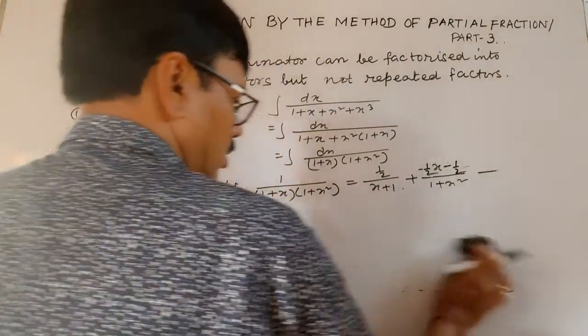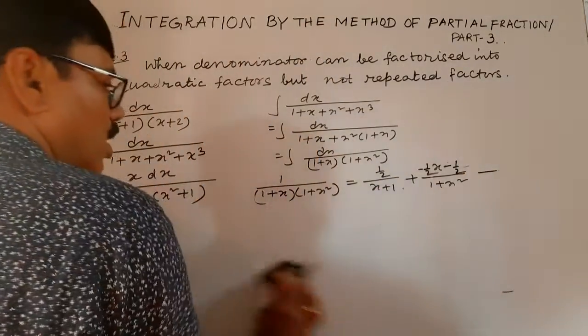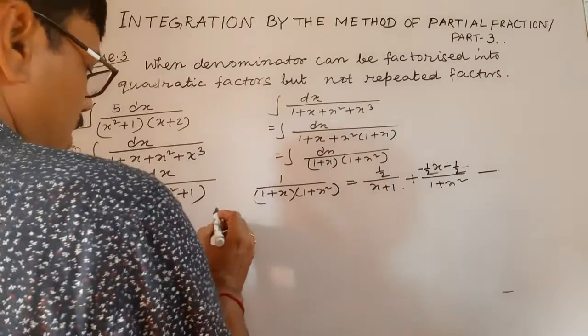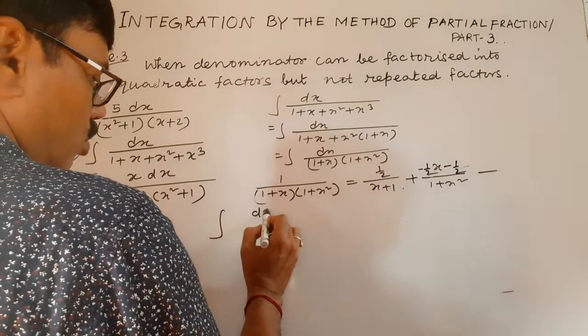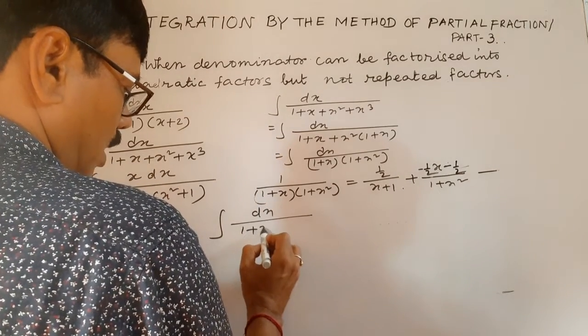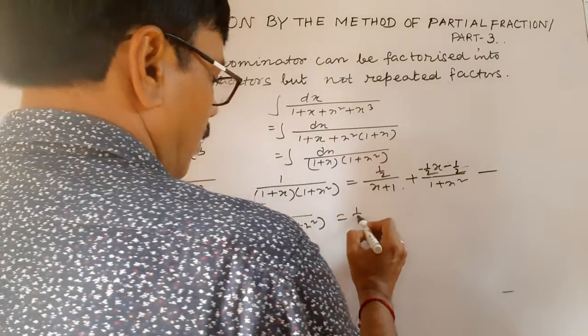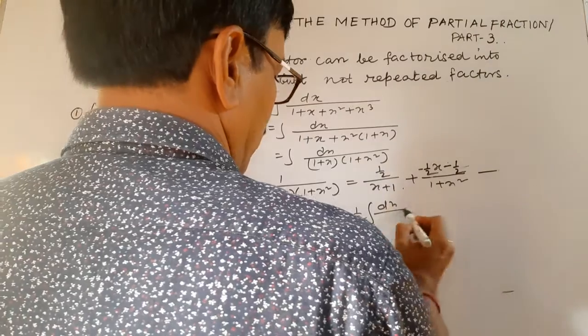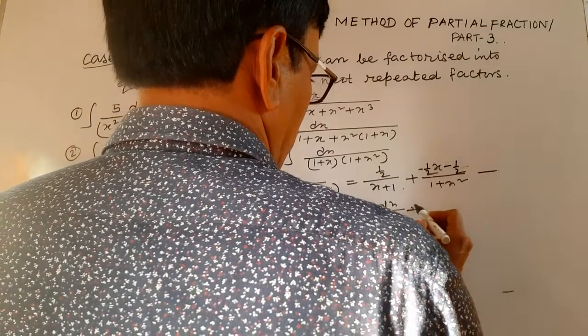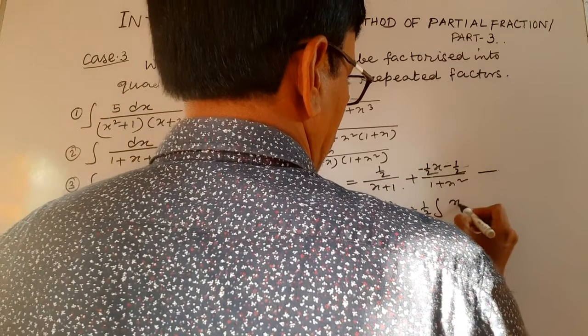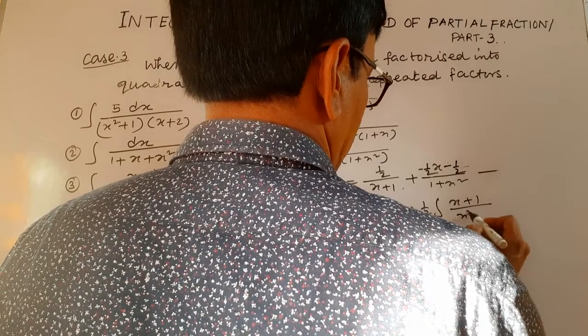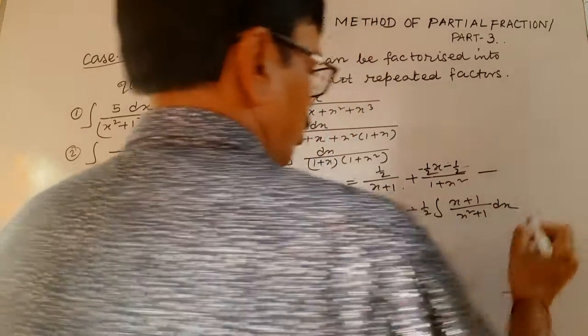Now integrating both sides with respect to x. So dx by (1 plus x) into (1 plus x square) equals half outside dx by x plus 1 minus half outside (x minus 1) by (x square plus 1) dx.